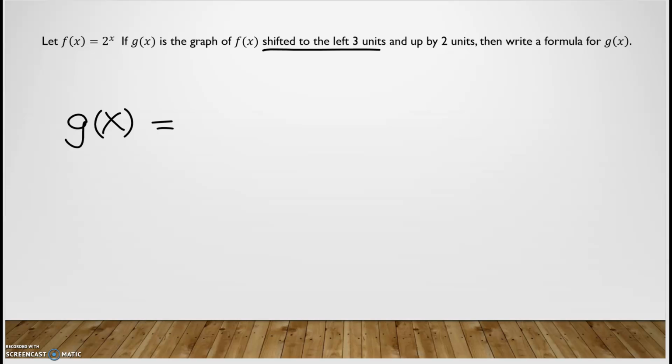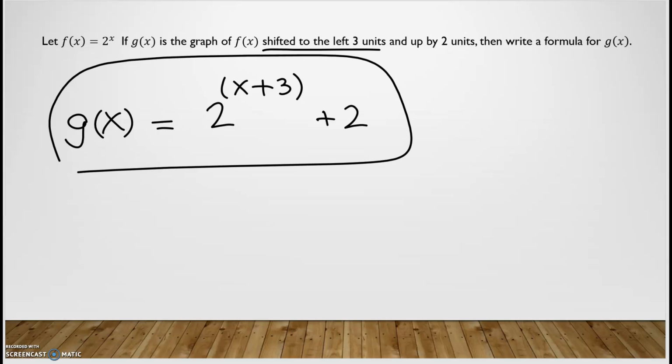So this is going to be 2 raised to x plus 3, and then up by 2 units, so plus 2. Remember, shifting left or right only affects the x values, but shifting up or down affects the y values. So this would be your final answer for that one.